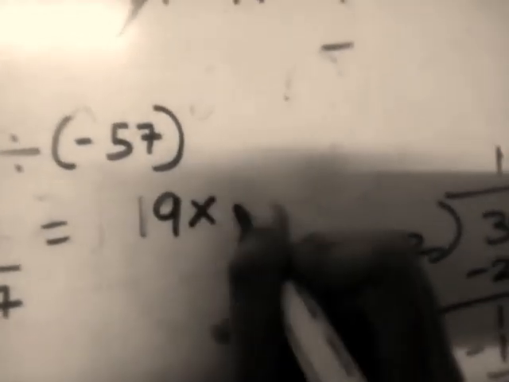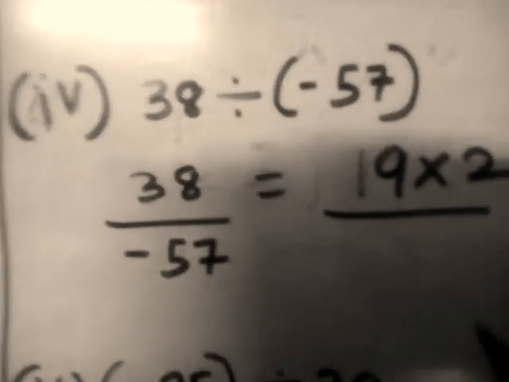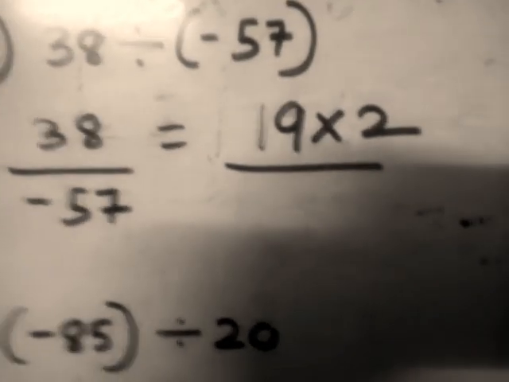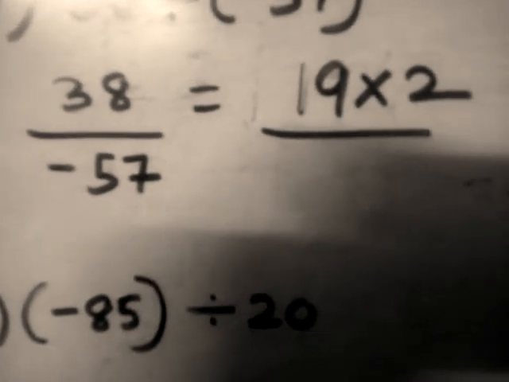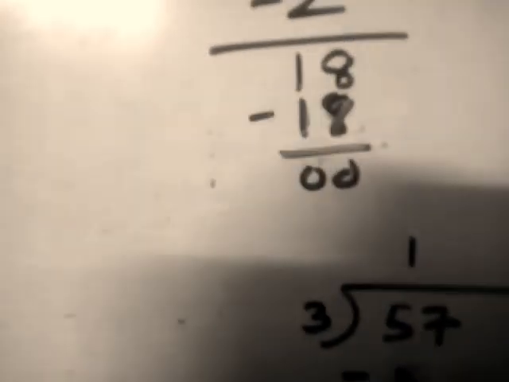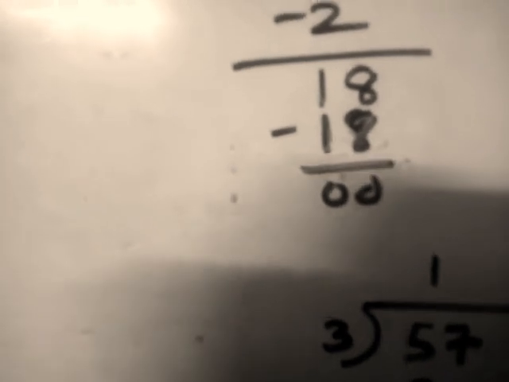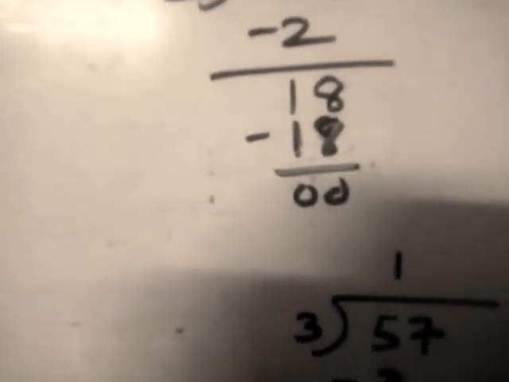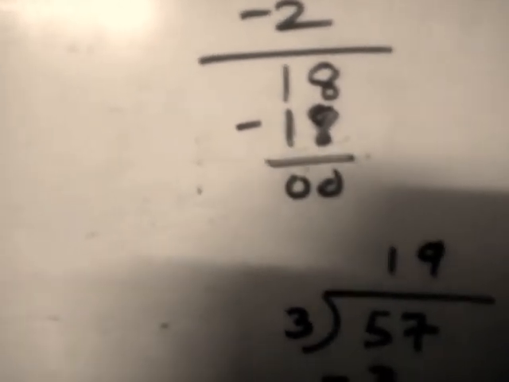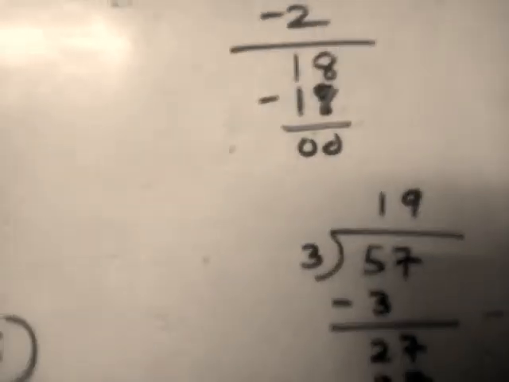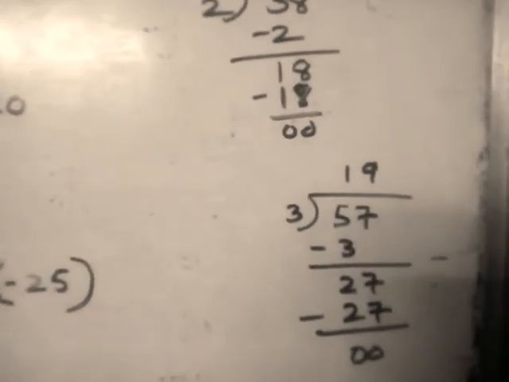So write 19 multiplied by 2 in the numerator. Minus 57 also, 57 is not divisible by 2. So you have to check in the 3 table. When you divide 57 by 3, your quotient is 19.